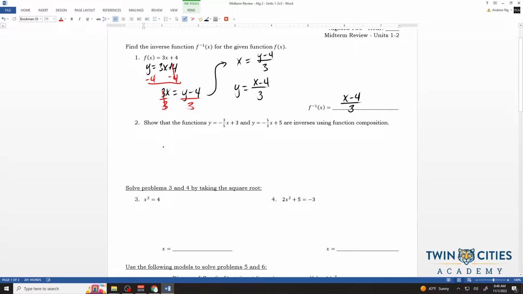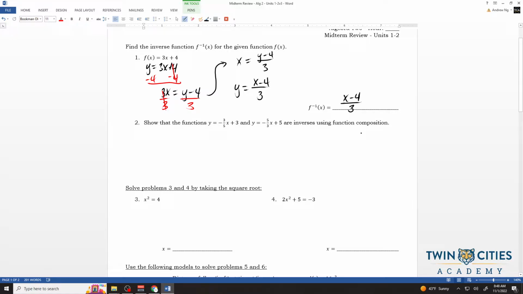All right, number 2. Show that the functions y equals negative 3/5 x plus 3 and y equals negative 5/3 x plus 5 are inverses using function composition. So this means to plug one function into the other.